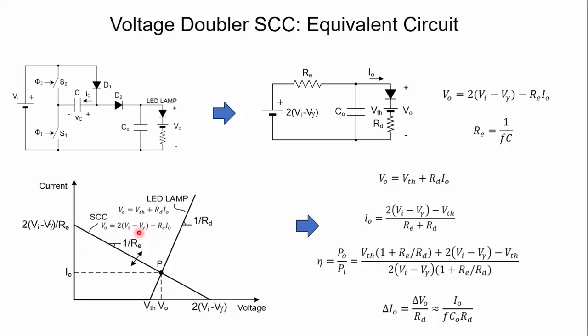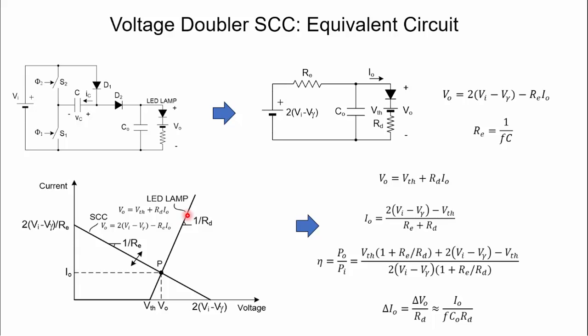We have this linear equation, so we have this representation for the current versus the voltage. And for the LED lamp, of course, we have this other representation corresponding to the behavior of a diode or several diodes in series with a given threshold voltage and a given series resistance.